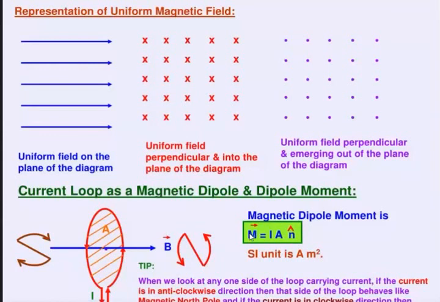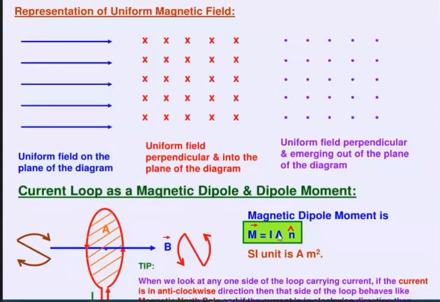That is m equal to I into A. In vector form, it is vector m equal to I into A into n cap. Now come to the point of dimension in SI units. You can easily determine the dimension. Dimension of current I is capital A under square bracket, and dimension of area is L square.